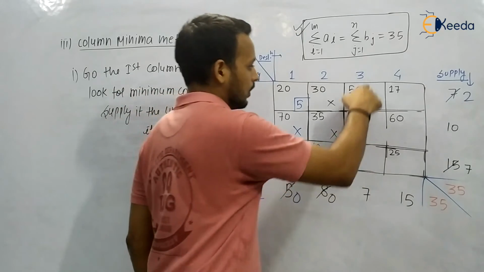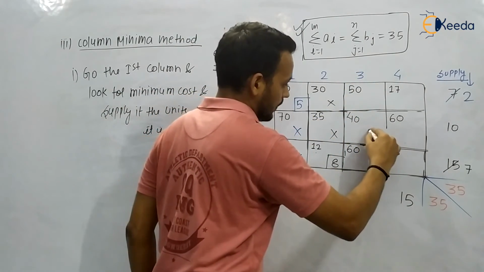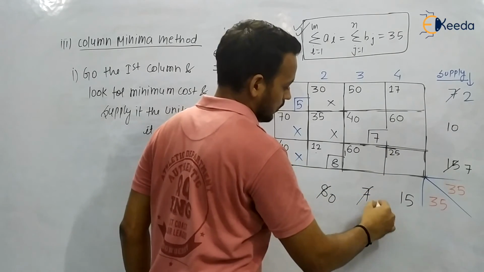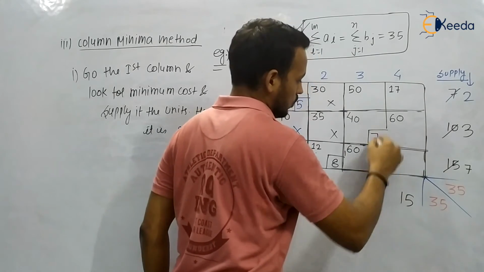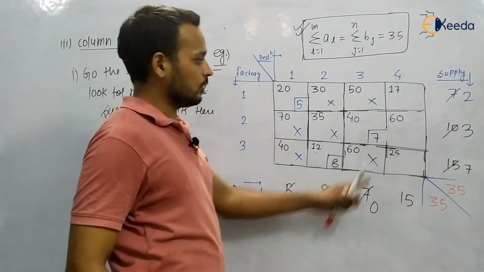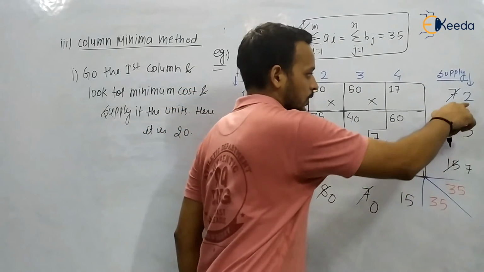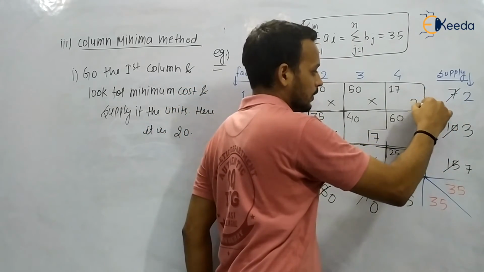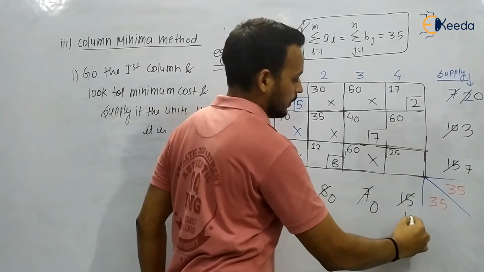Now the third column, it is 40, you can give it. 7 it requires, so this is having 0 and this will be having 3. So these two won't get anything. Now the last column, 17 is the minimum, it requires 15, but how many units do you have? 2, so just give it 2. This is having 0, and it will be left with 13.